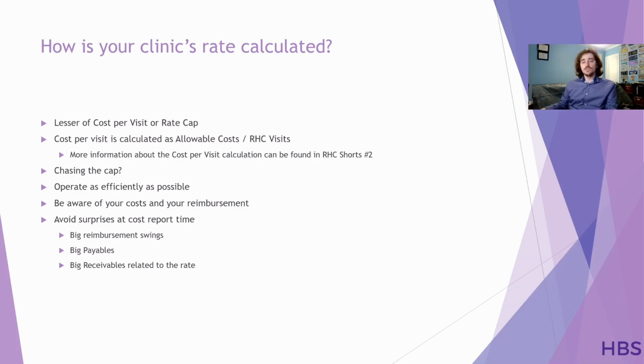We want to avoid having big payables at the end of the year that come from a decreased rate, and we want to be wary of any big receivables from an increased rate, because if that increase in the rate isn't sustainable over future periods, you're going to end up having it payable the next year anyway. So we just want to be aware of what is impacting your rate calculation so that we can know how to plan for the future, and so that we don't end up having to pay out large sums of money to the Medicare administrative contractors when cost report time comes around.